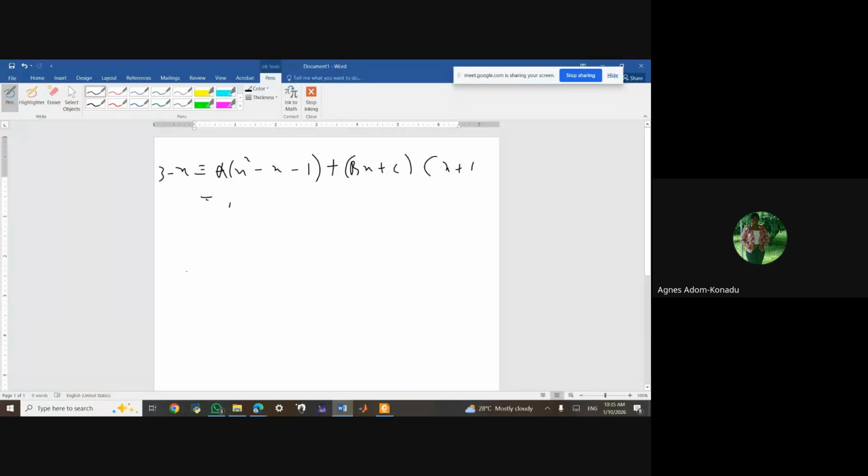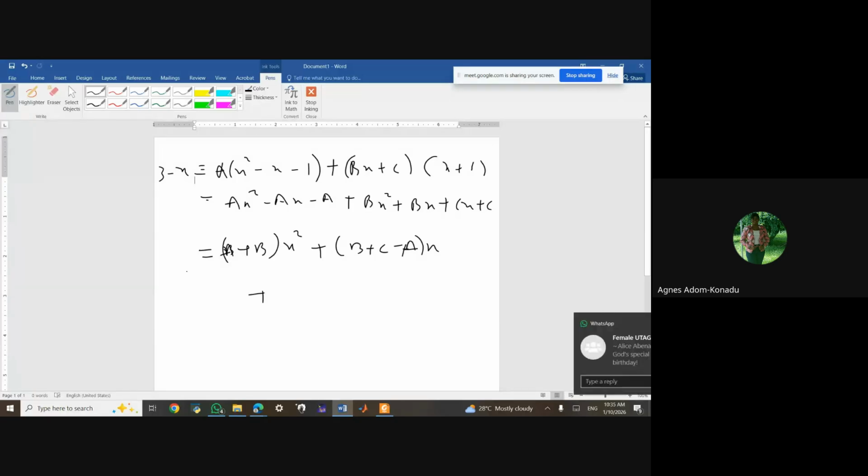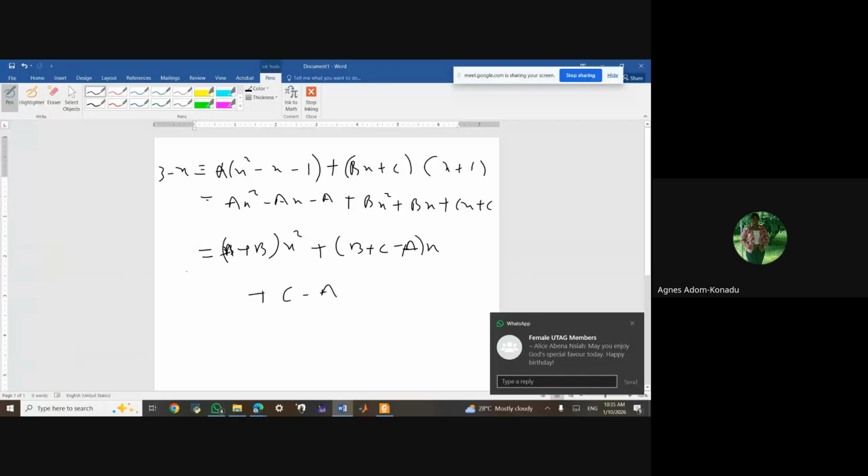So when I expand, I'm going to get As squared minus As plus A plus Bs squared plus Bs plus Cs plus C. So this will give me (A plus B) s squared plus (B plus C minus A) s, then plus (C plus A).